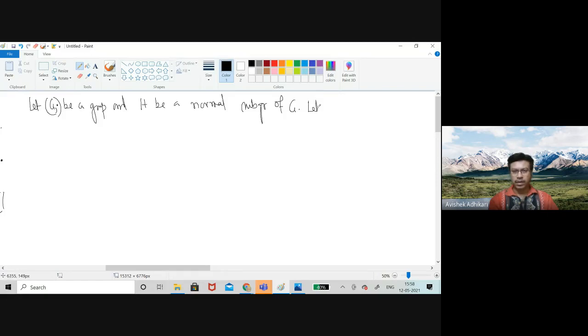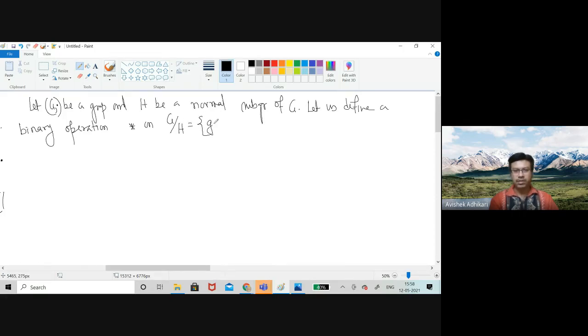Okay, let us define a binary operation star on G quotient H. So what is G quotient H?